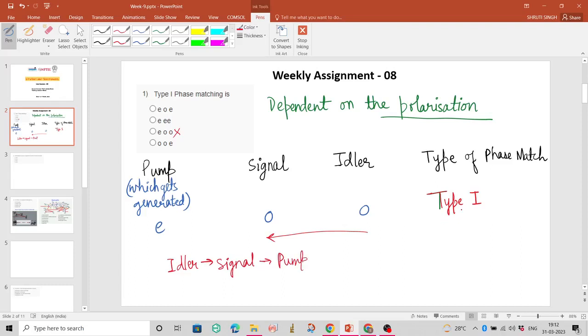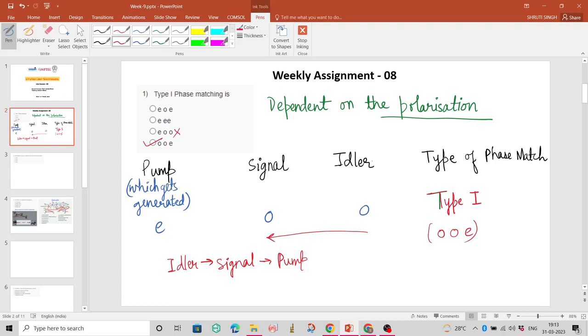So type 1 will be O, O and E. For this question the correct answer will be D, not C, because we read the phase matching as idler, signal and then pump, OOE. What gets generated, the pump, is considered at the end, and signal and idler are O and O.